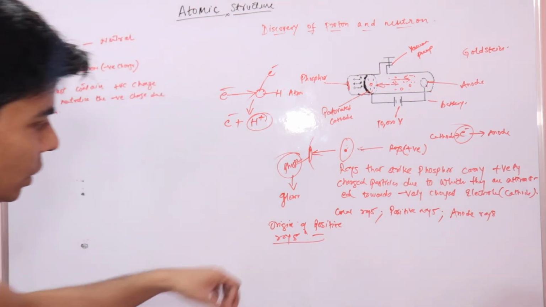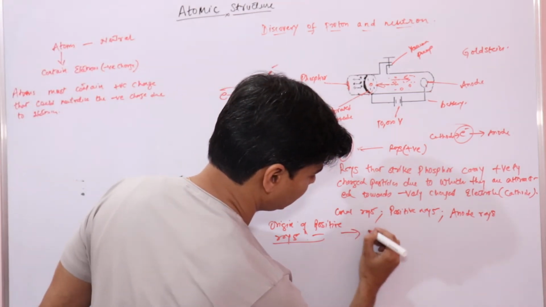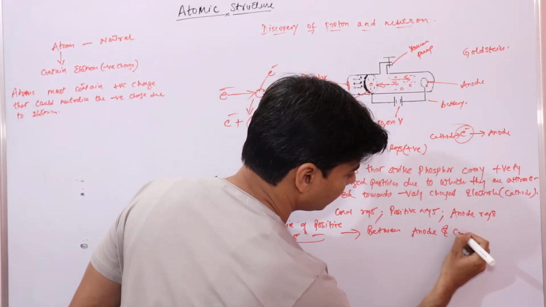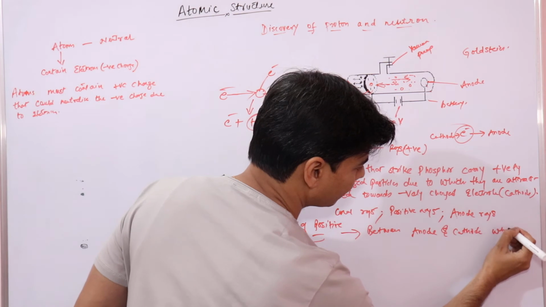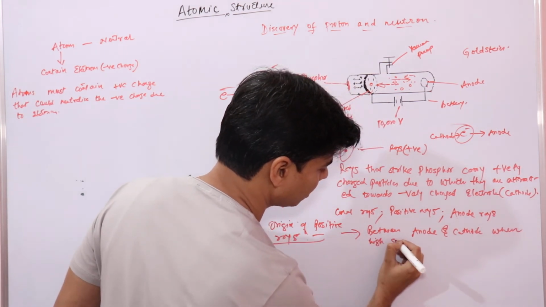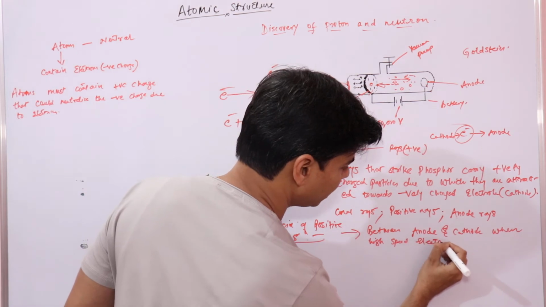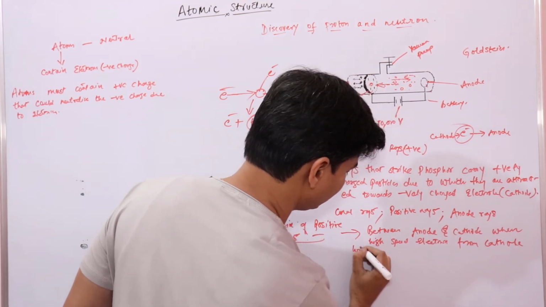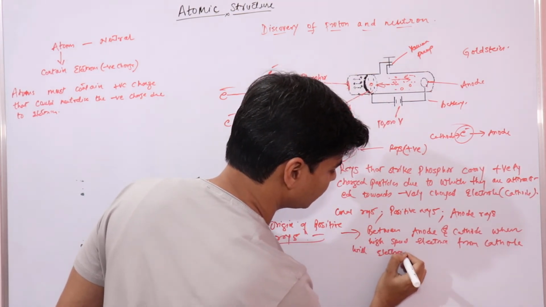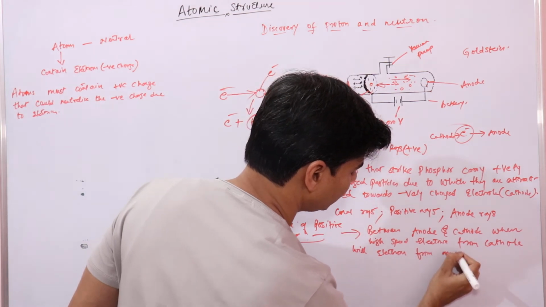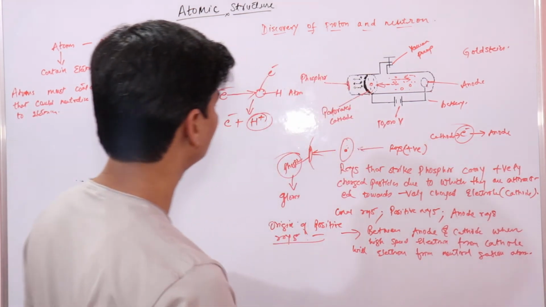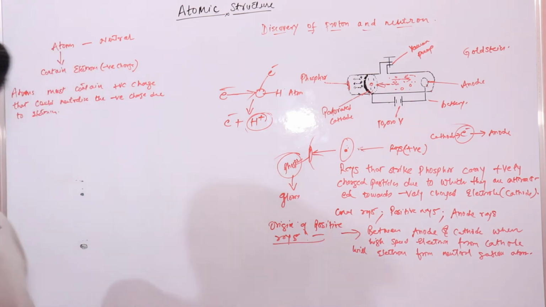Origin of anode rays: it is produced between anode and cathode when high speed electrons from the cathode remove electrons from neutral gaseous atoms. After removal of electrons, these gaseous atoms will acquire positive charge due to deficiency of electrons.